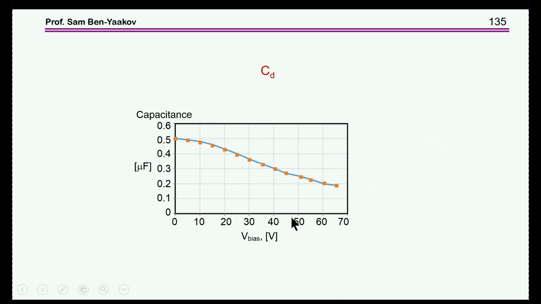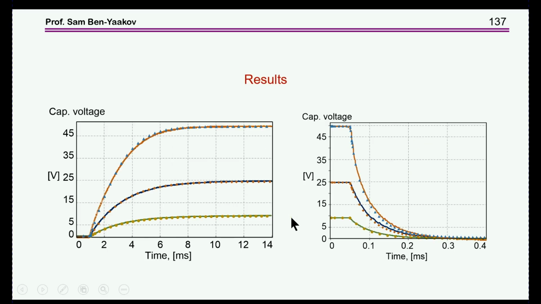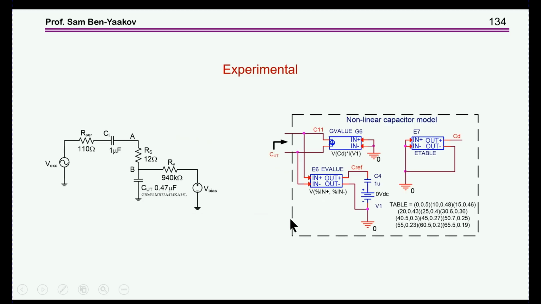Okay. And just to verify that the model is really okay, this is another experiment, similar to what I've shown before with the table, the model of a capacitor. We expose a real capacitor to DC plus an AC excitation. This is a DC blocking capacitor.